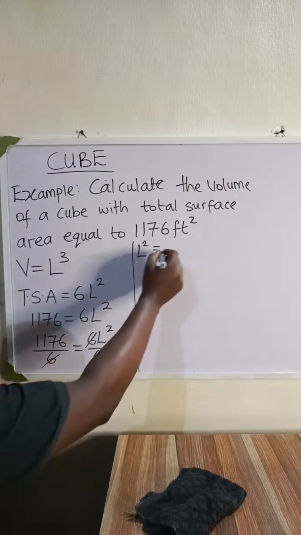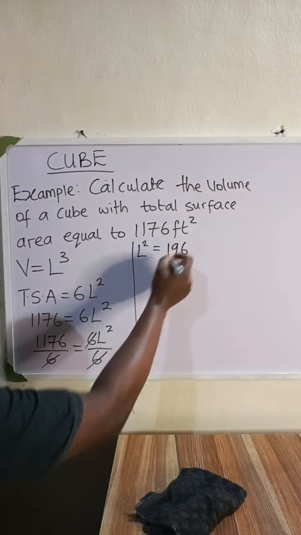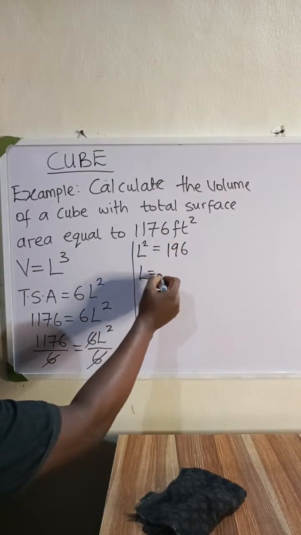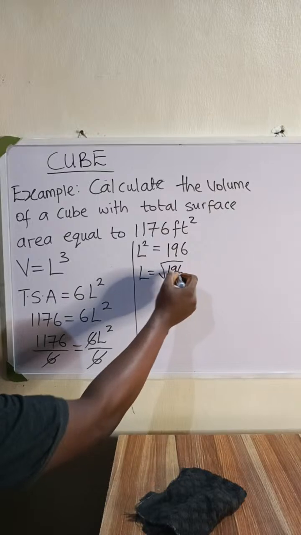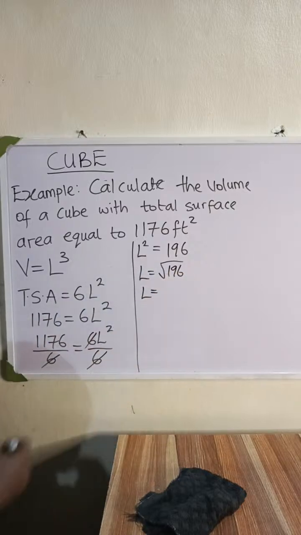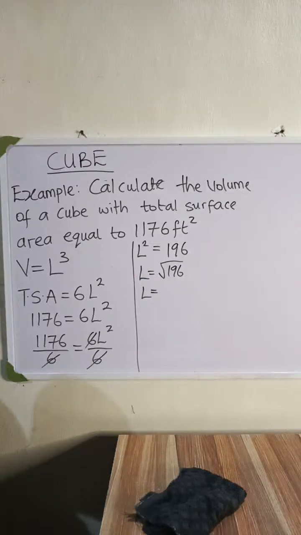196. So L squared is equal to 196. So to get L, we do the square root of 196. What's the square root of 196?